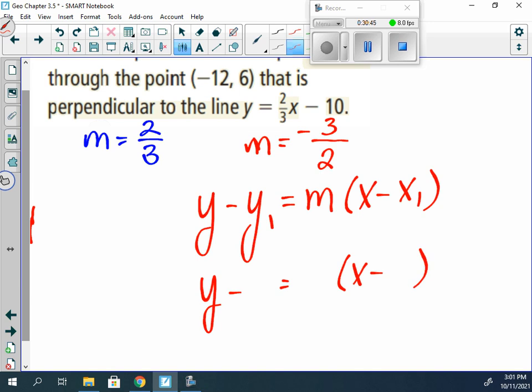Now we can plug the slope in as negative 3/2. And our point is (-12, 6), so the y value is 6 and the x value is negative 12. So we would have y minus 6 equals negative 3/2, parentheses, x minus negative 12.